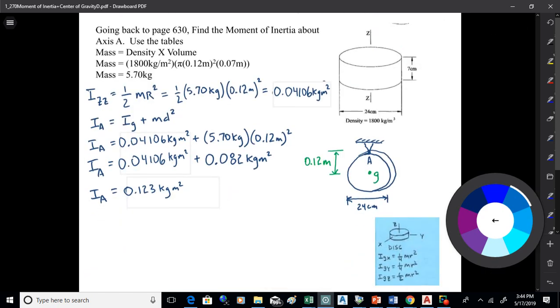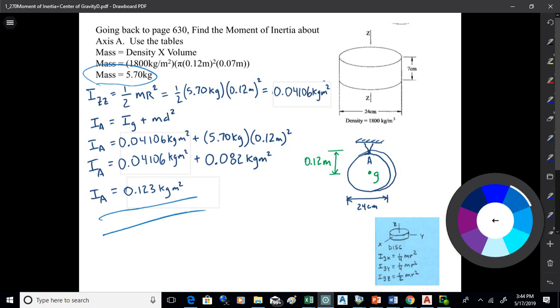So I'll take the 0.04106 plus the mass, which I've calculated up here, times the radius, the 0.12 squared. I'm just going to add those together and get 0.123 kilogram meters squared for that.